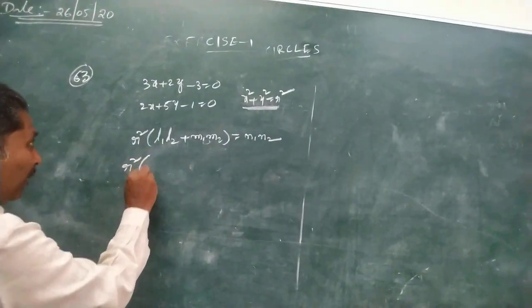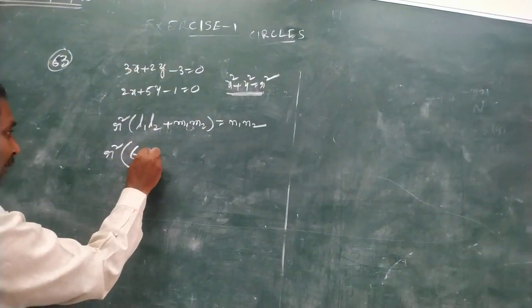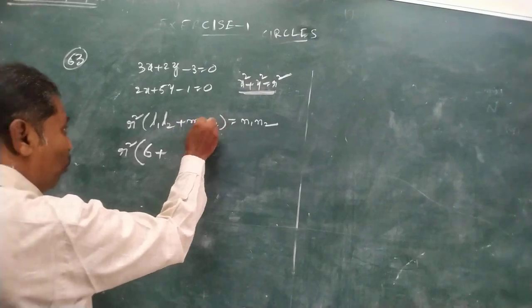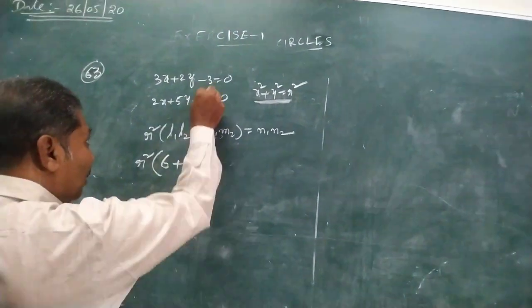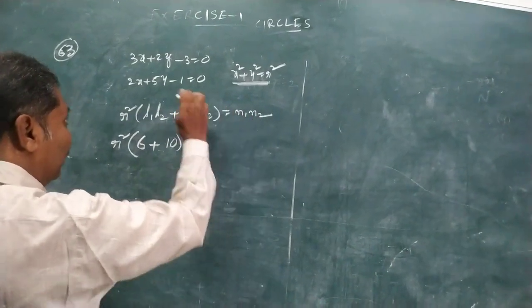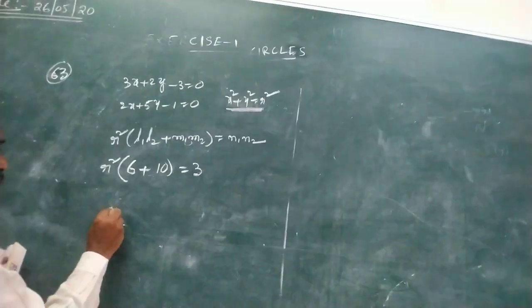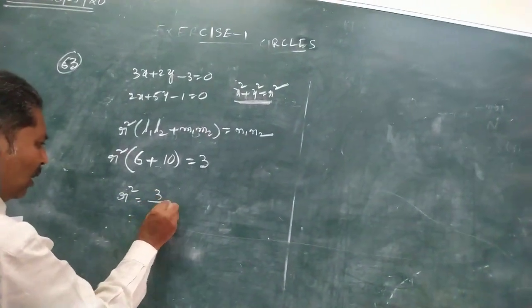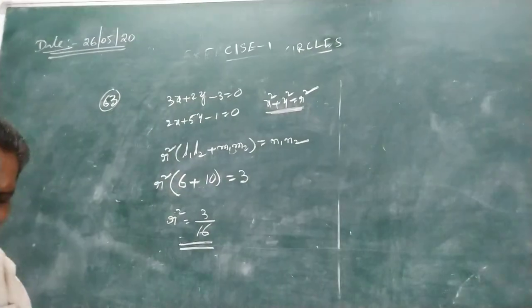R square L1 L2, 3 into 2 equal to 6, plus M1 into M2, 2 into 5 equal to 10, equal to N1 into N2, -3 into -1 equal to 3. So R square value is 3 by 16.